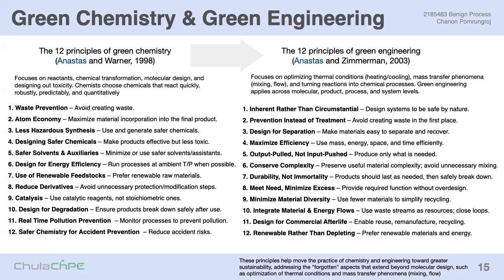The third one is less hazardous synthesis: we want to use and generate safer chemicals. Fourth is design for safer chemicals, meaning make the product effective but less toxic. Then safer solvents.